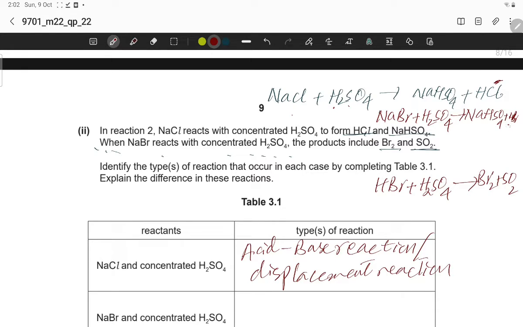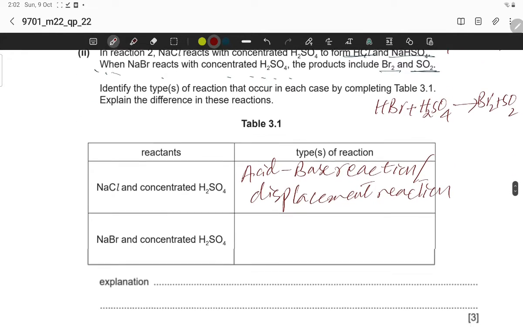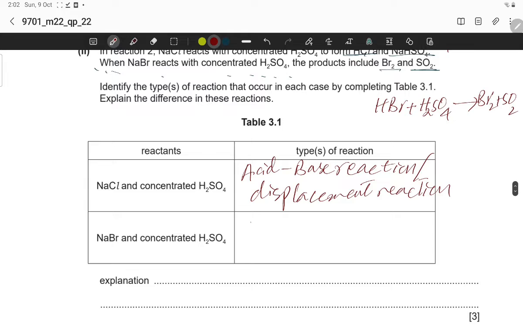But in this case, HBr is a weaker oxidizing agent than sulfuric acid, so HBr is further oxidized by sulfuric acid to form Br2 and sulfur dioxide. So the second reaction is redox. Identify the types of reaction that occur in each case. Explain the difference in these reactions.